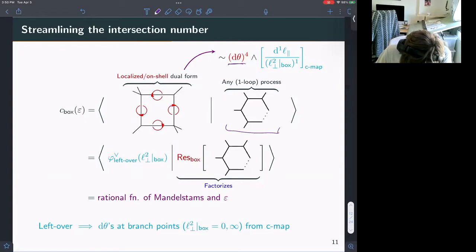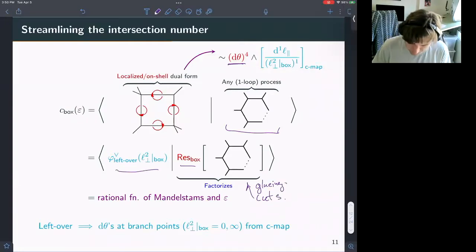But okay, so first these d thetas from these propagators allow us to just take the residue on the box cut. So that just moves over to the right hand side, hits whatever's there, this integral, and that's actually going to factorize this integral, and then we can get this from gluing together cuts. And then we have this leftover piece, and that's just another calculation that we can finish off. And once we're done, we're left with a rational function of Mandelstam variables and epsilon.